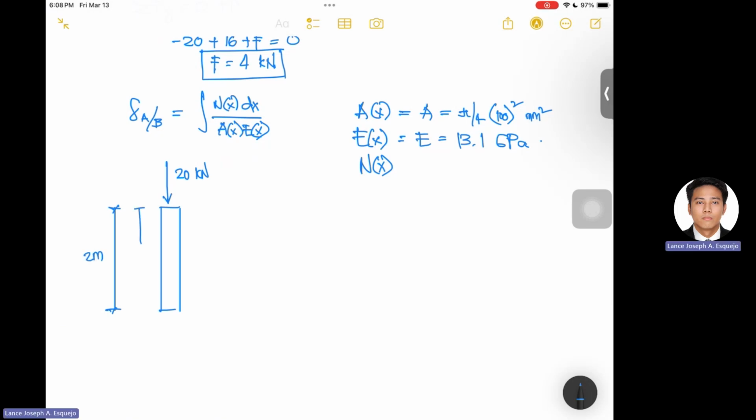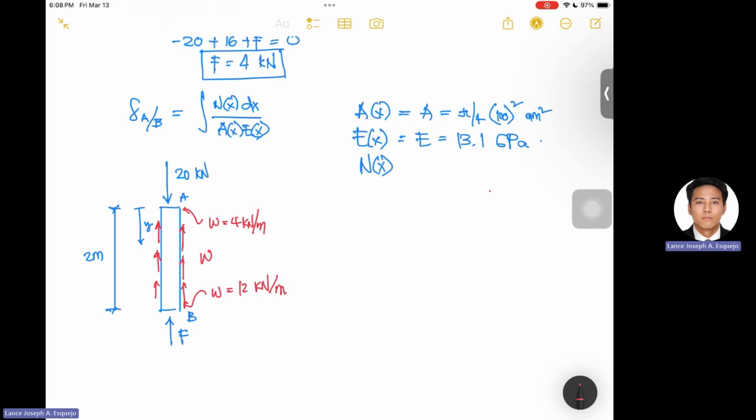And then Y starts from the top. We have point A, point B here, and this one is F. And then we have the frictional resistance W. We have here W equals 4 kilonewton per meter. And here W equals 12 kilonewton per meter.